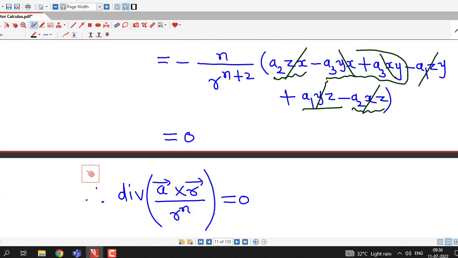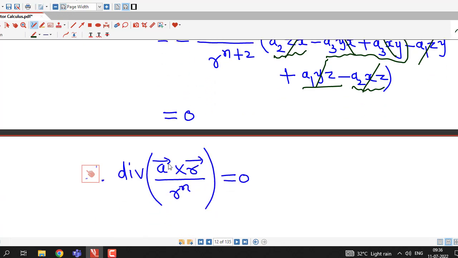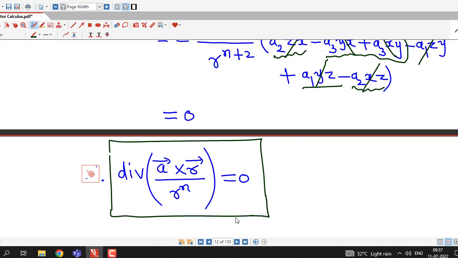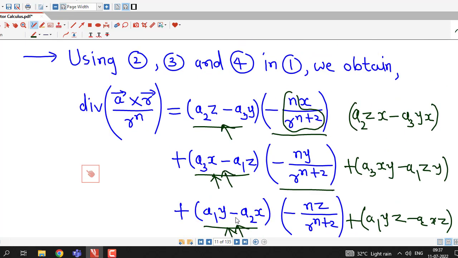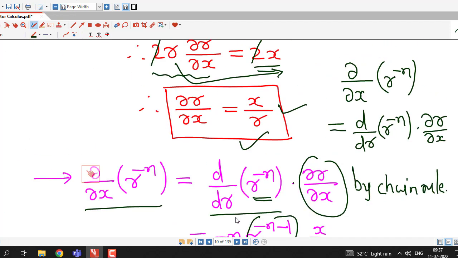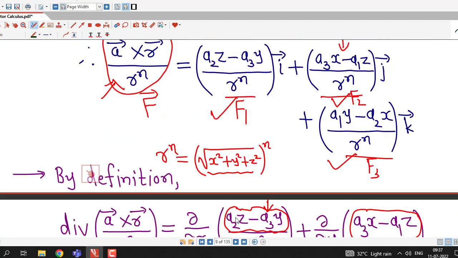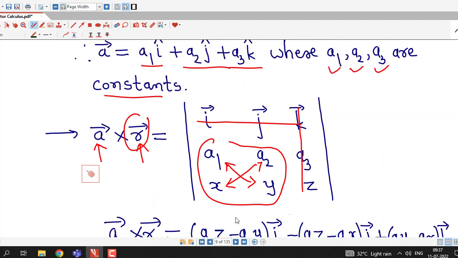So therefore the divergence of this vector a bar cross r bar divided by r raised to n is 0. So here we have simply used the definition of divergence, and we have used the fact that this vector a bar is a constant vector.